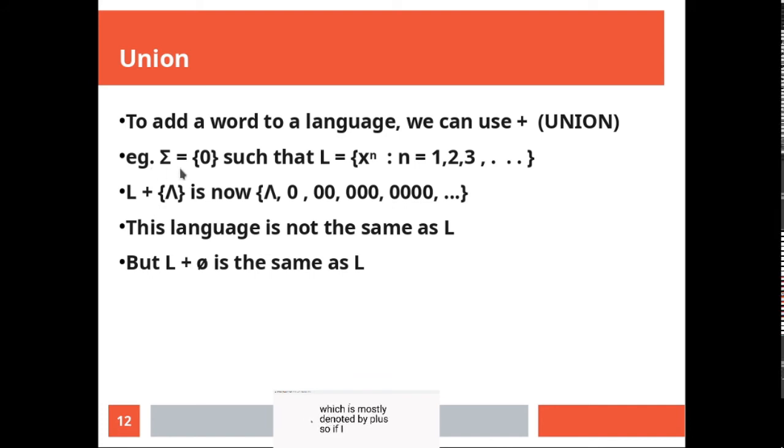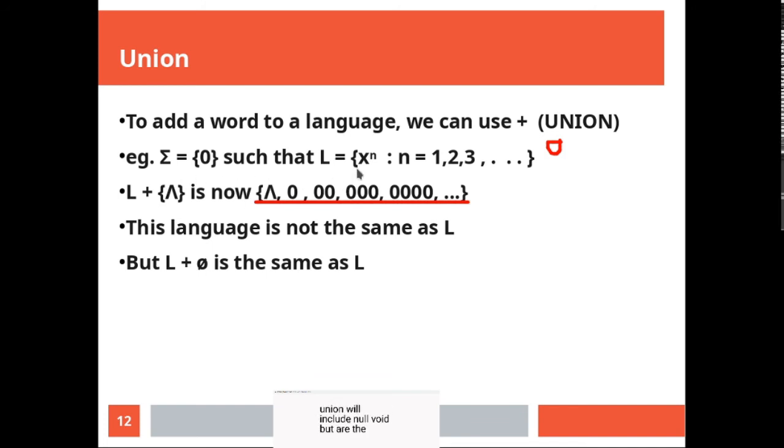So if I say there is a language L defined over input symbol 0, n equals 1, 2, 3, you have these words which have at least length one. So these are the words. But if I say L plus the set with the word null, which is a length 0 word, and I combine these two, the union will include the null word.